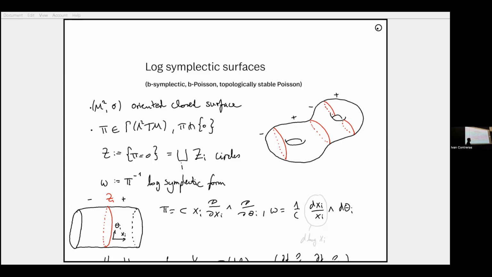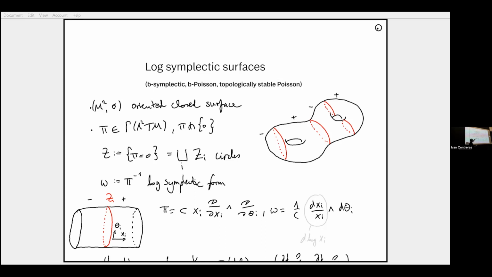So here we're really just fixing the vanishing locus of this Poisson structure. What we're saying is that the vanishing should be transverse, which in particular means that if we wiggle the bivector a little bit, the vanishing locus is not going to change in any essential way, hence topologically stable. And the vanishing locus will be an embedded collection of circles.